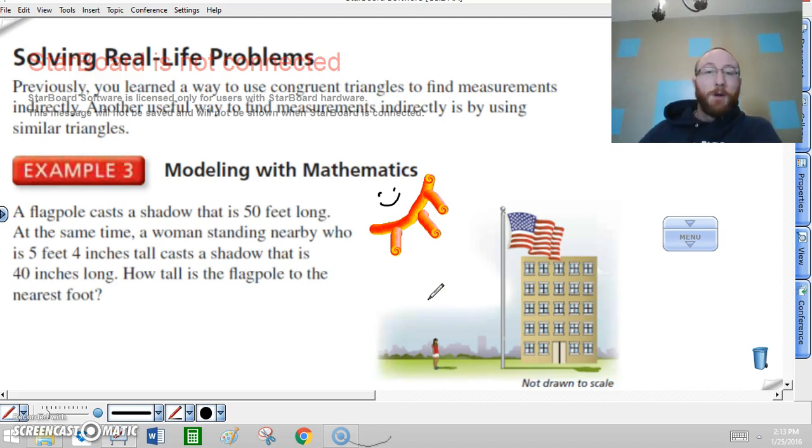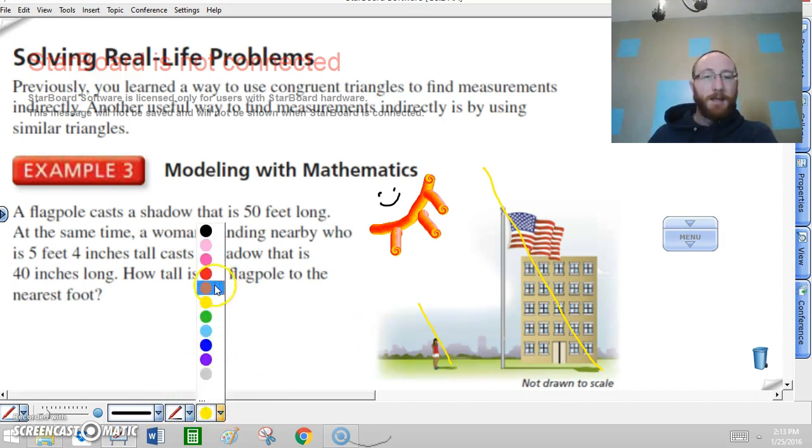In fact, pretty parallel to stay in the same spot on a 93 million mile journey. So we got these rays just beaming down, and we can essentially say that they hit the girl and the flagpole at the same angle. So essentially what we're saying is these lines are parallel.